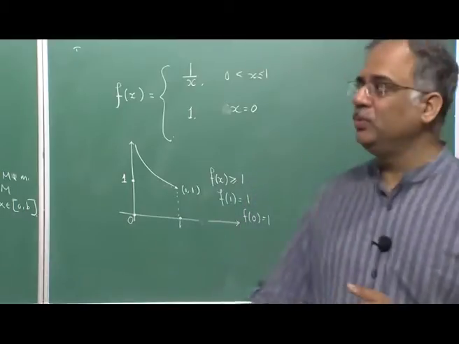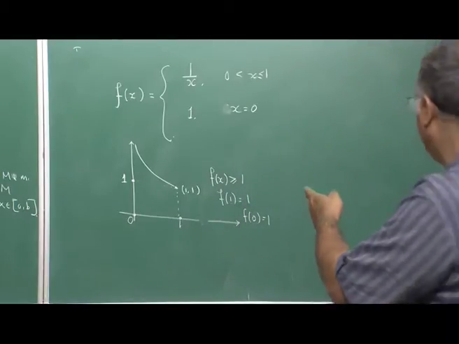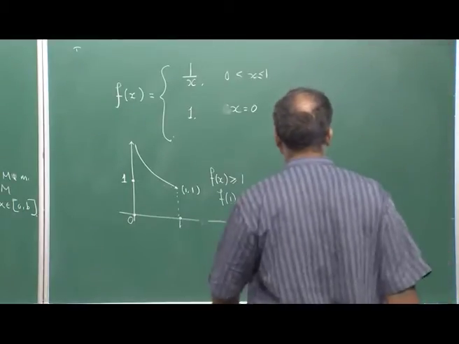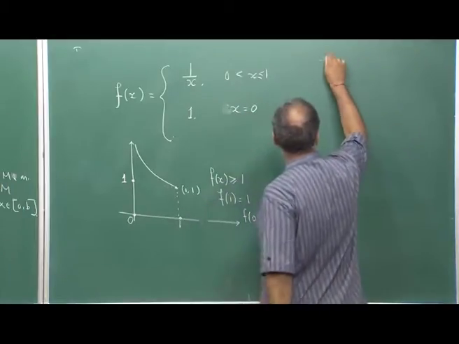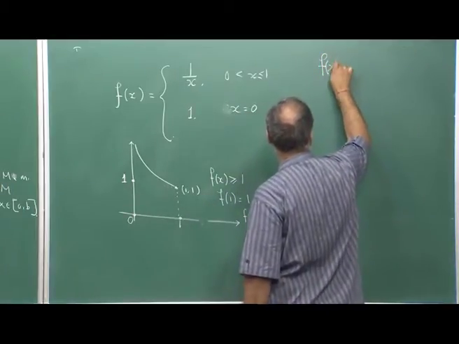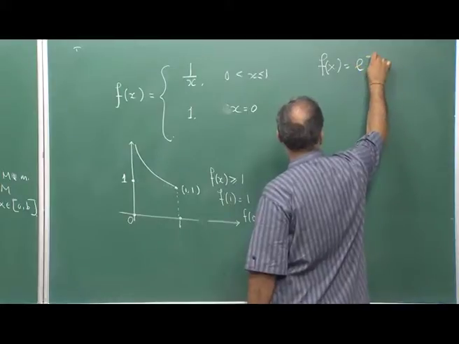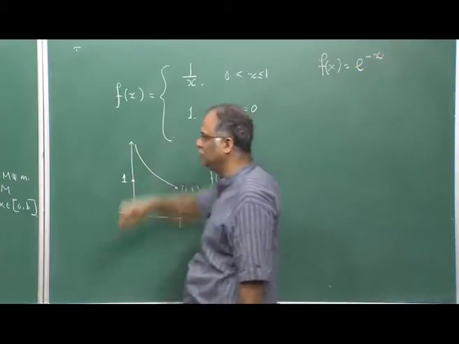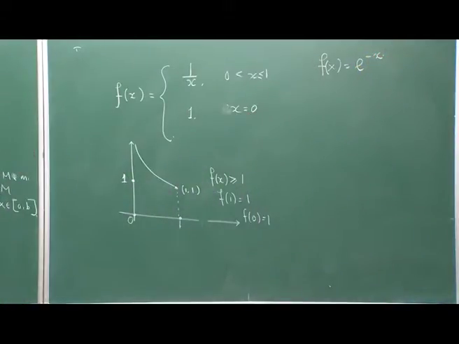Losing compactness could be an important issue too, even if continuity is there. I will give you a very straightforward example. One of the most favorite ones is to look at the graph of f(x) equal to e to the power minus x.